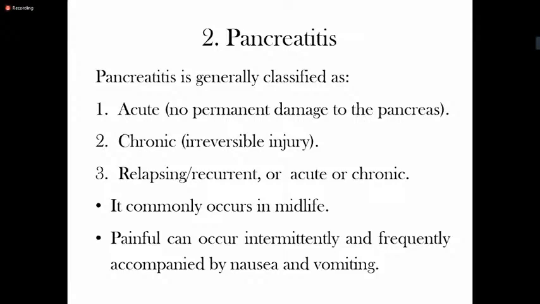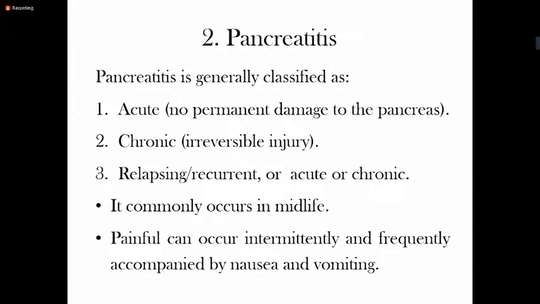Typically, pancreatitis occurs in two forms: the acute one, in which there is no pancreatic damage, and the relapsing or recurrent one, which a majority of times presents as if it is chronic. So we may have one or two types of pancreatitis in any individual, okay?